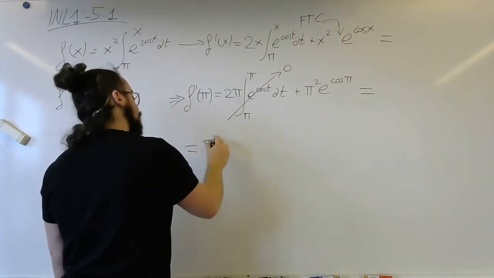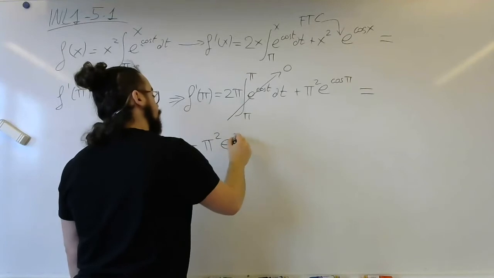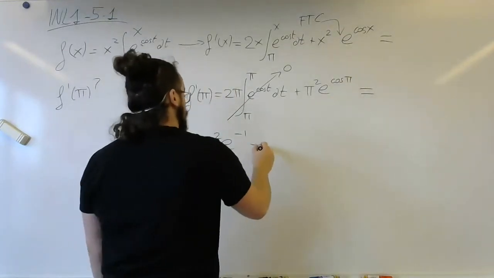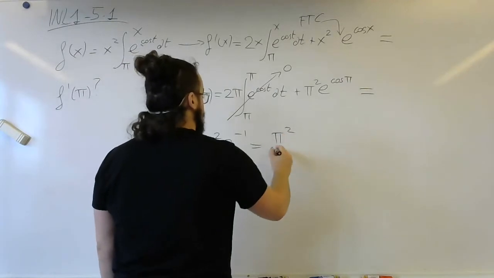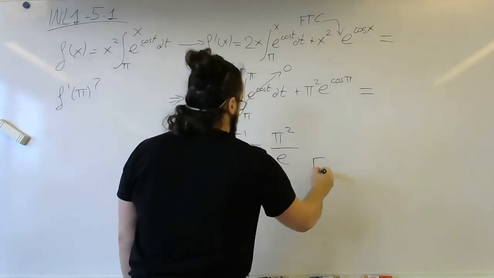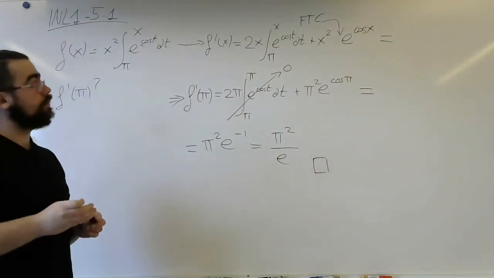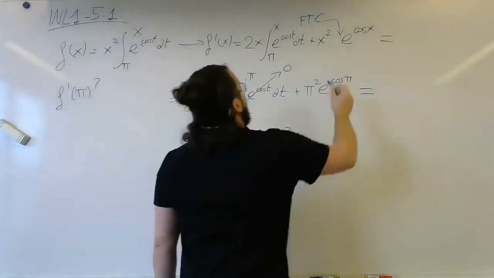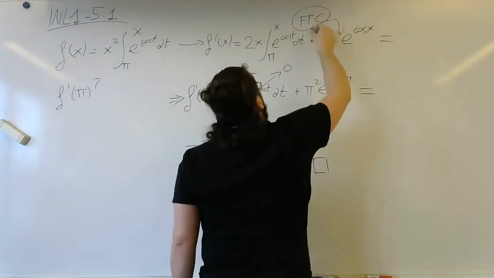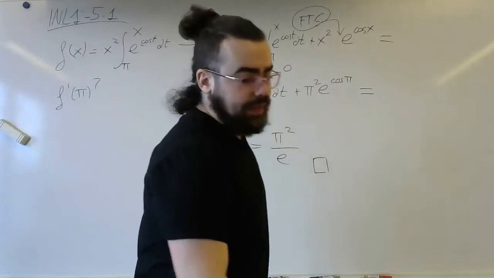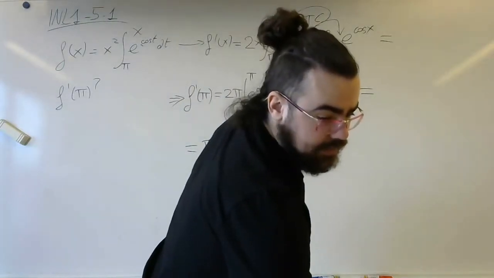This is pi squared in power -1. Cosine of pi is -1. And so we arrive to Philip's solution, which was pi squared over e. There we go. The key here is a theorem that is called fundamental for a reason.